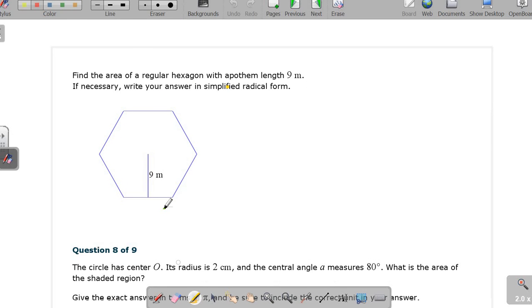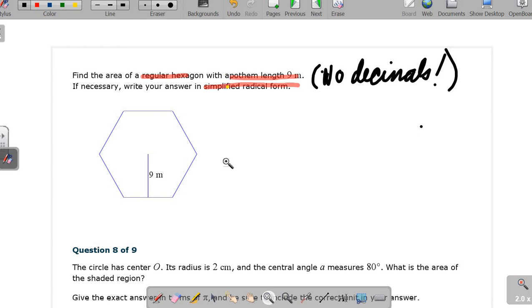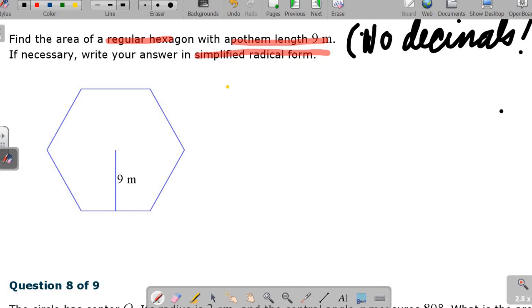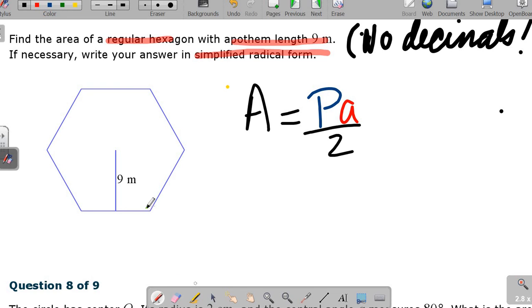It says find the area of the regular hexagon with an apothem of 9 millimeters. Write your answer in simplified radical form. That's a hint. No decimals. That's exact form. Area equals perimeter times apothem over 2.